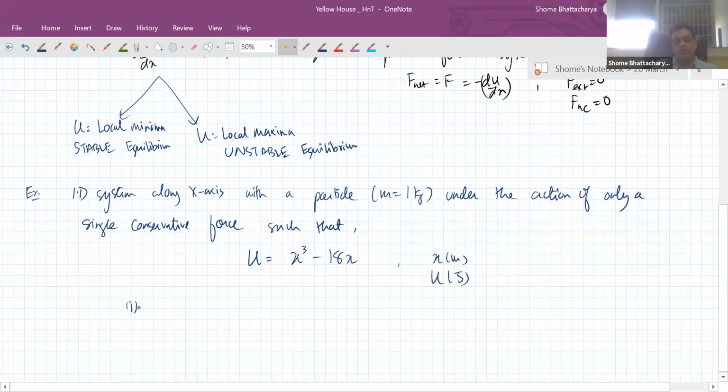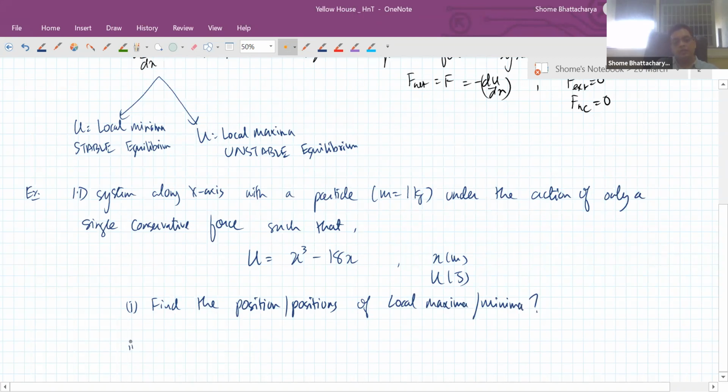First of all, find the position or positions of local maxima and minima.